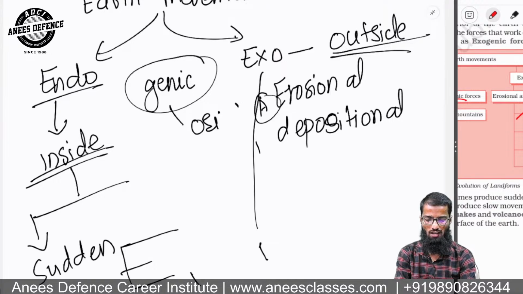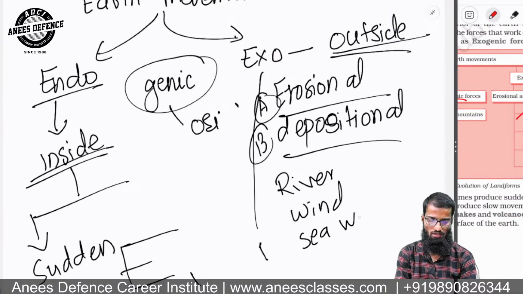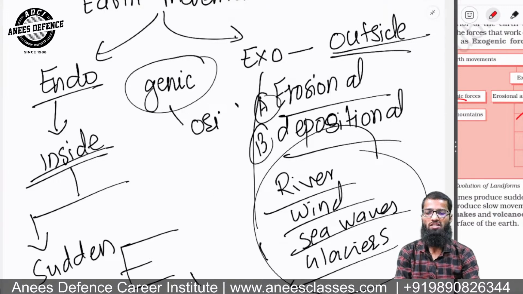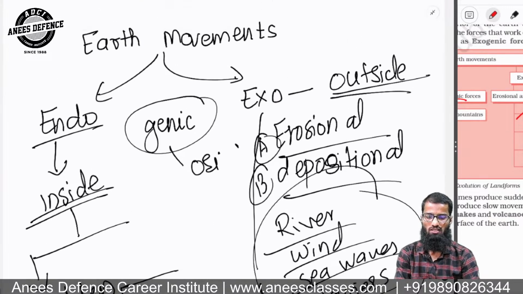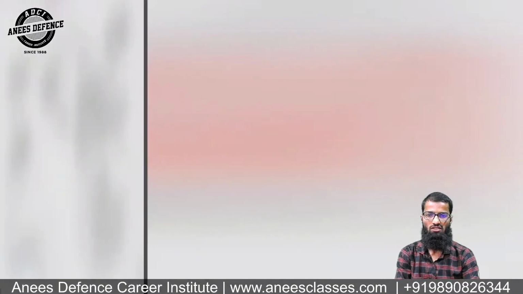One is erosional, another is depositional. You have examples such as river, wind, sea waves, and glaciers. We are going to study all of this. This is a summary, so you need to pay close attention.